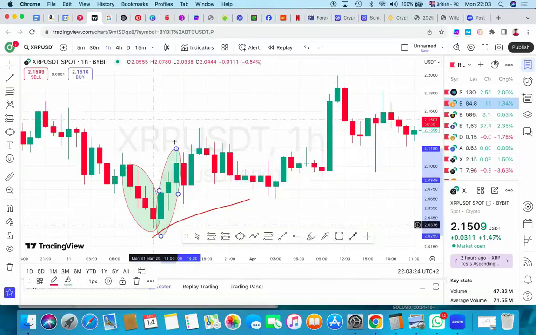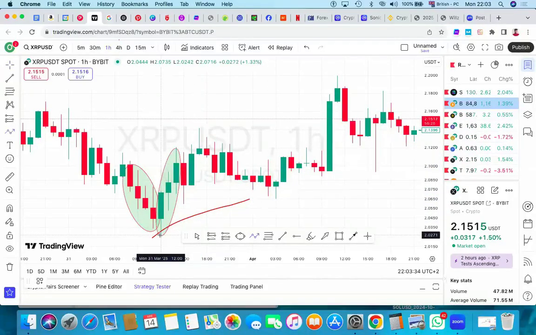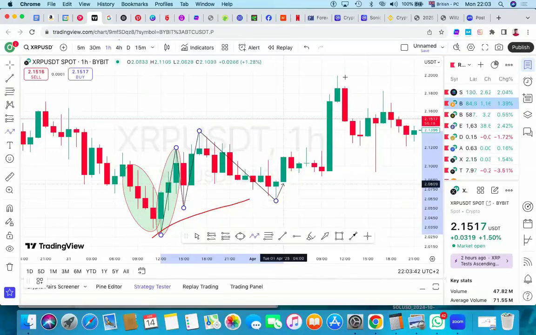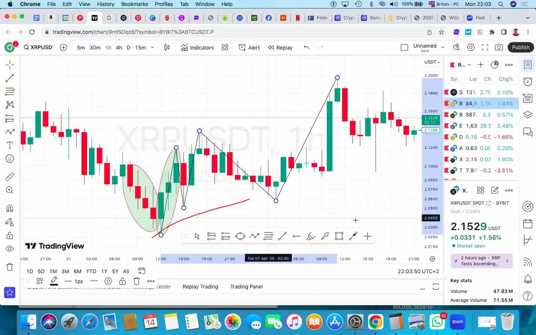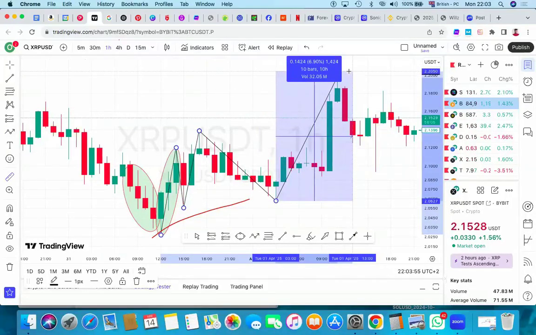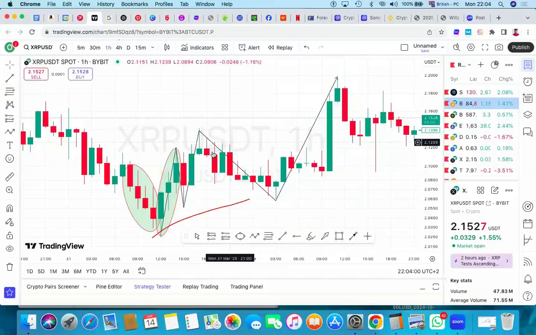And the next thing you see, since it's a bullish engulfing, is a little bit of pullback, then another pullback, and then it went straight up. If we were to measure this movement, you can see around a 6.8% move.